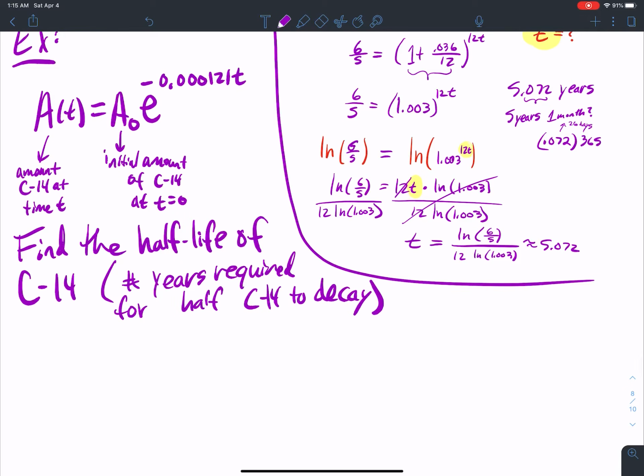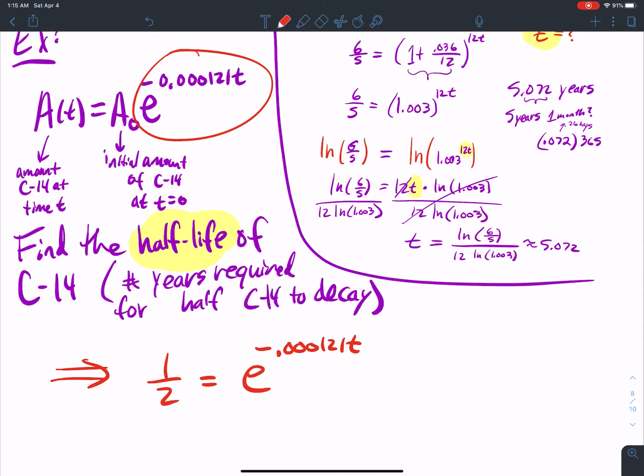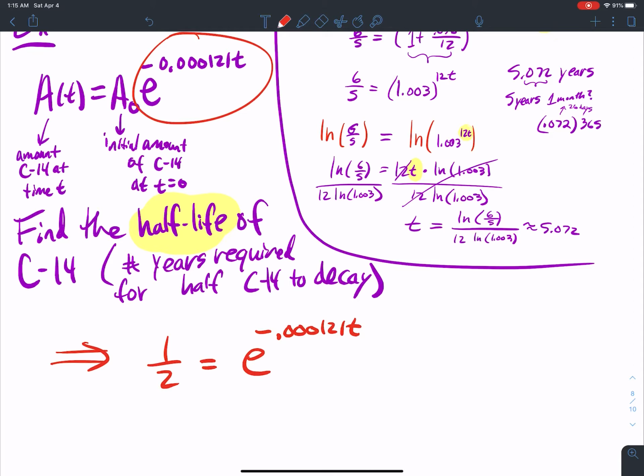Right? When you are working on a half-life, literally half of it is going to disappear. So all you got to do is say 1/2 equals whatever my base is, okay? So e to the negative 0.000121 t. Now, why does it work this way? Because look, the initial amount is a0, but after some amount of time, my a of t becomes half of what I started with, right?